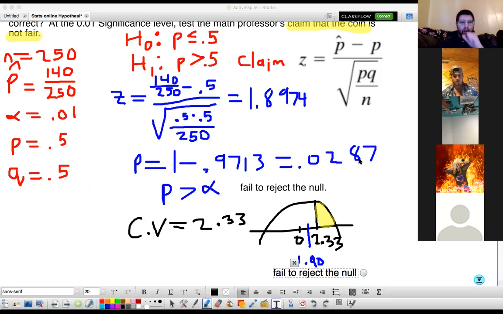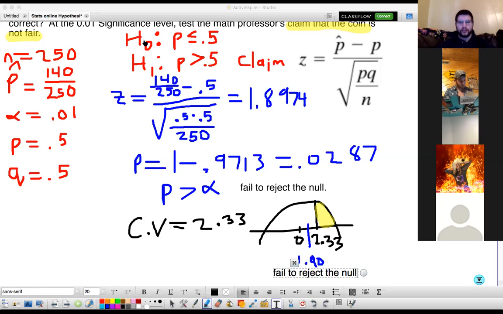Same thing we got here. So that would get you the p-value on the Casio. To get the critical value on the Casio, we do an inverse norm of our alpha value. And that gives us the 2.33. Again, it's a right tail, so we use the positive.